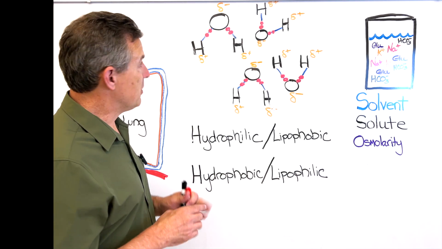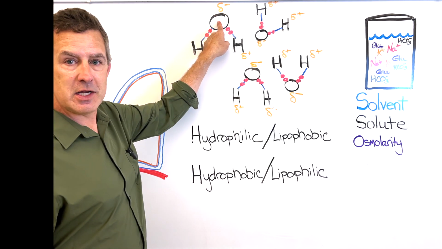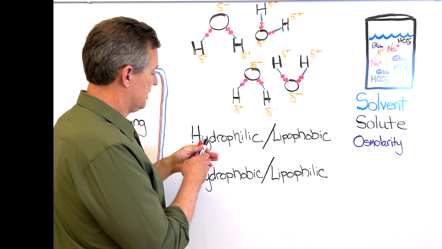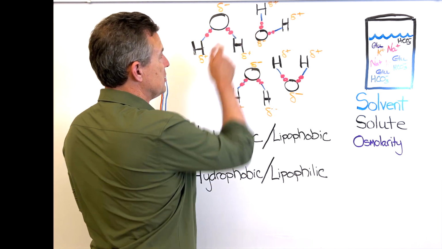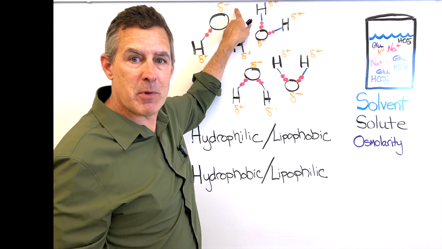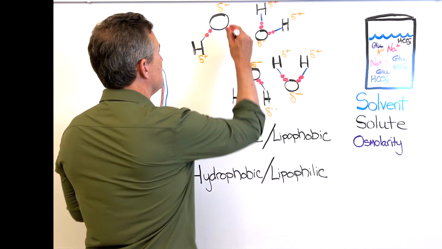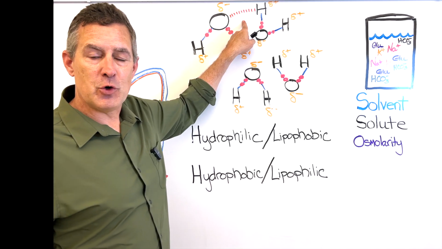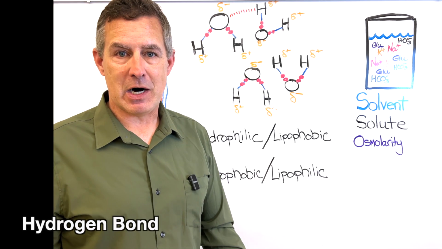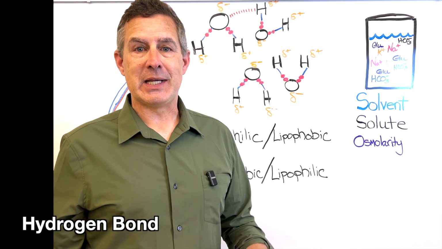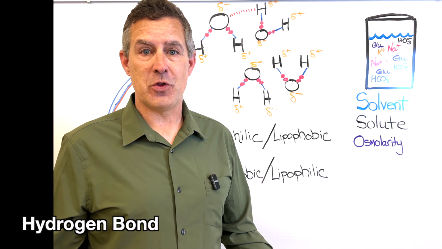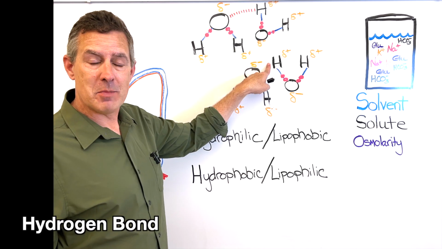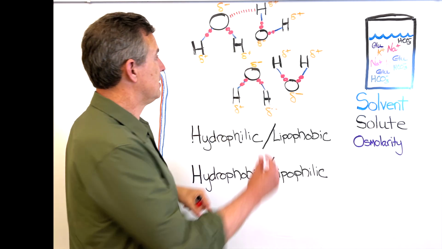So for example, this oxygen right here, which has a partial negative charge to it, is attracted to this hydrogen, which has a partial positive charge. And this is representing what we refer to as a hydrogen bond. Water molecules engage in hydrogen bonding with other water molecules. So this oxygen will form a hydrogen bond with this hydrogen.